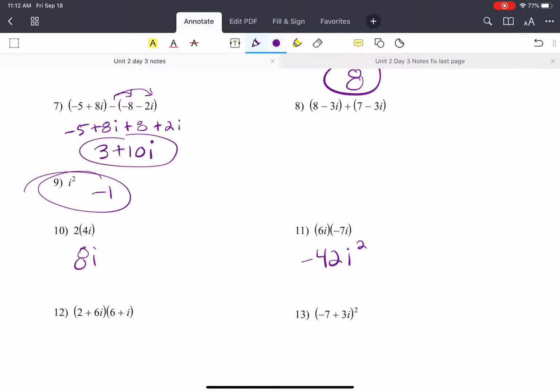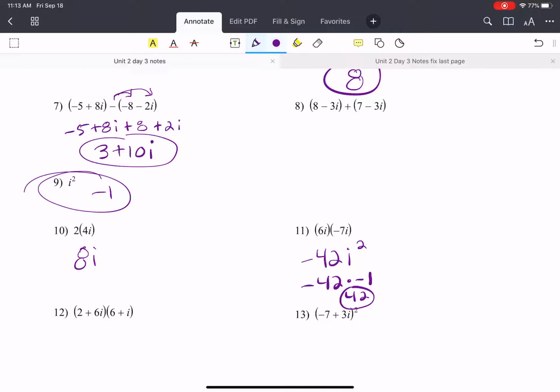What's i squared? -1. So really, it's -42 times -1, so 42. Are there questions on that?